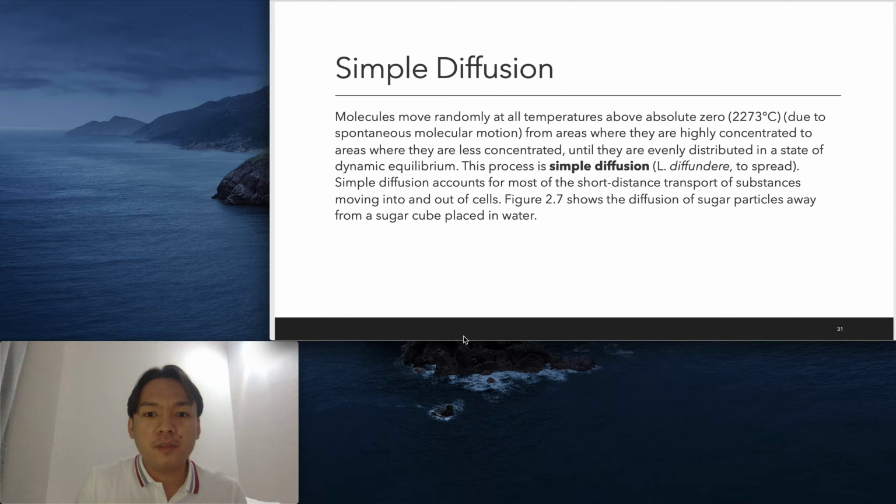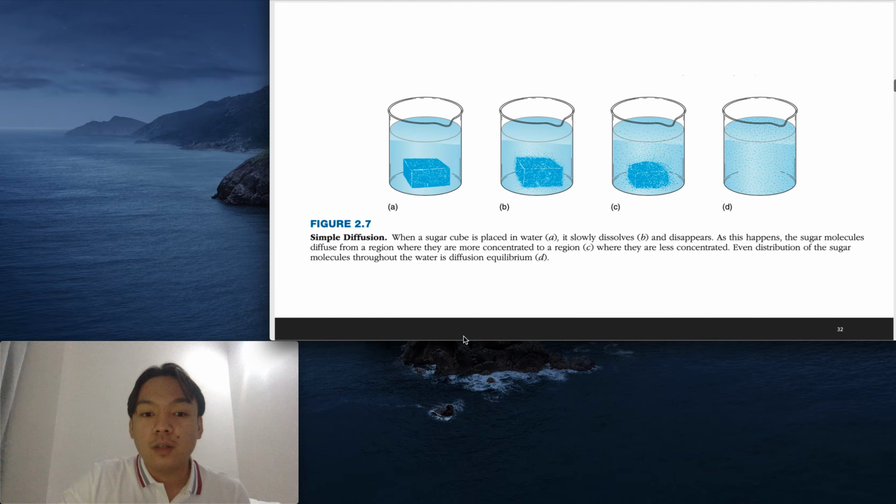So we have simple diffusion. Molecules will randomly move at all temperatures above absolute zero, from areas where they are highly concentrated to where they are less concentrated, until they are evenly distributed in a state of dynamic equilibrium, or balance. Simple diffusion is shown in this example, where a sugar cube is placed in water.